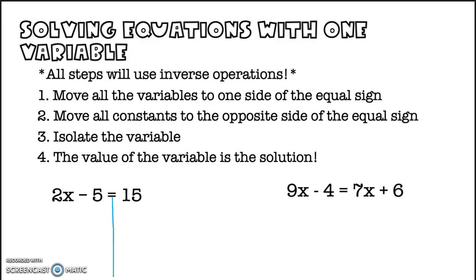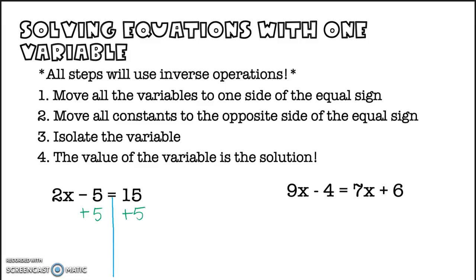So because I already have my variables on the left side, I'm going to move my constants to the right side. And to do that, this is where those inverse operations are coming in. Because I'm subtracting 5 already, to undo that and bring it to the other side, I have to add 5 here. But what I do to one side, I also have to do to the other side.